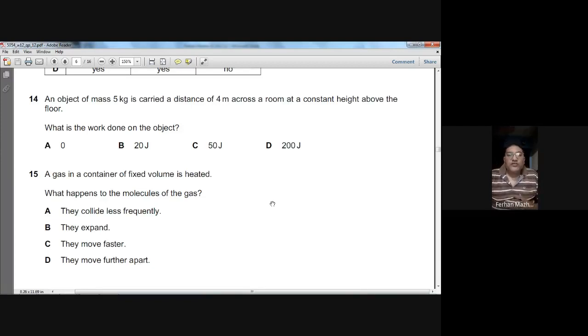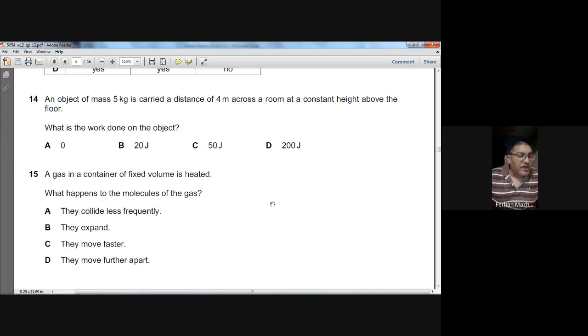The body is moving horizontally, perpendicular to that force. If the body moves perpendicular to the applied force, the work done is 0. So for question number 14, the answer is A.